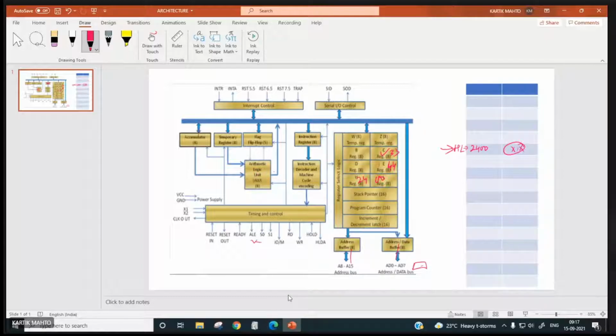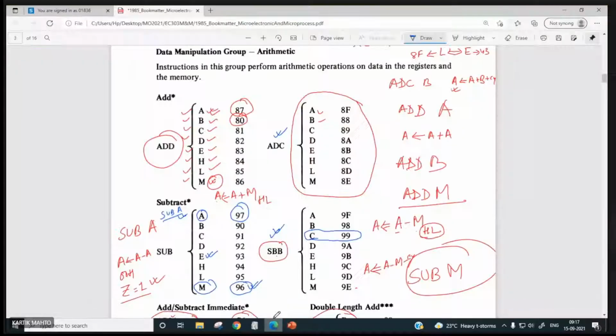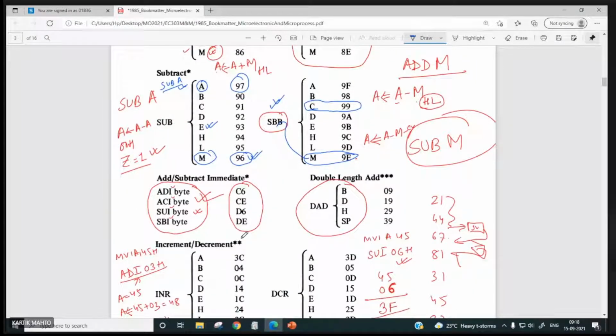Similarly, SBB M is also there. Next, we have ACI byte. ADI byte is there. ADI stands for add immediate byte to the accumulator. It is a 2-byte instruction.